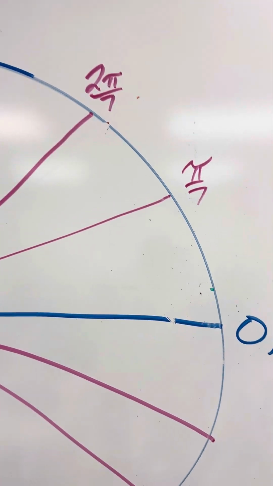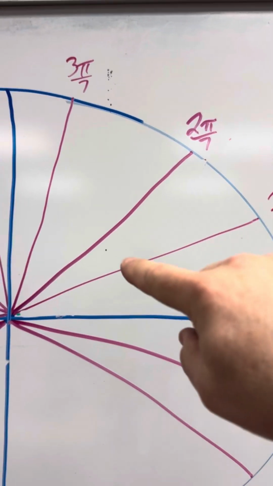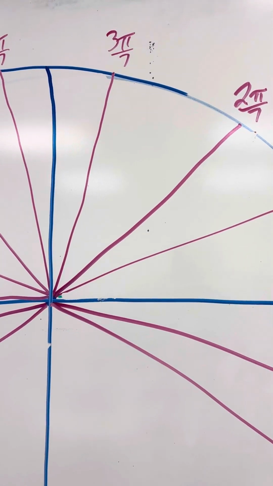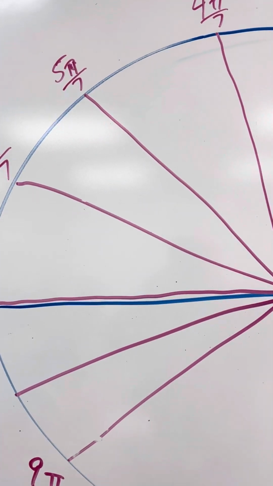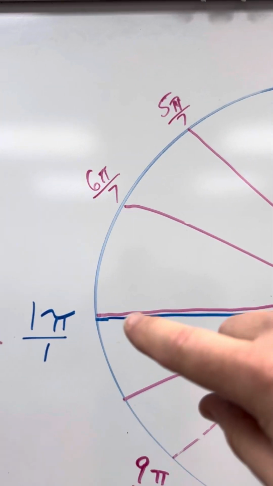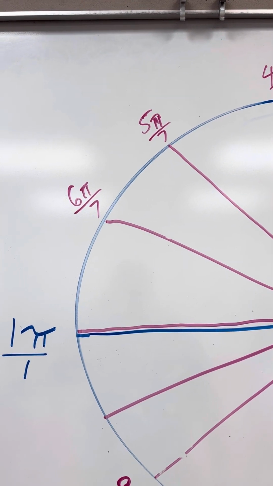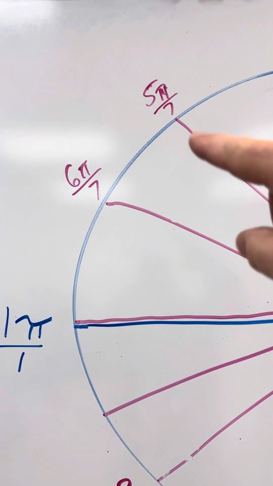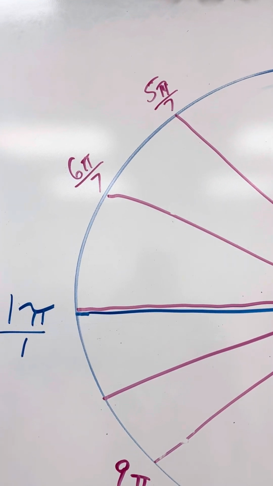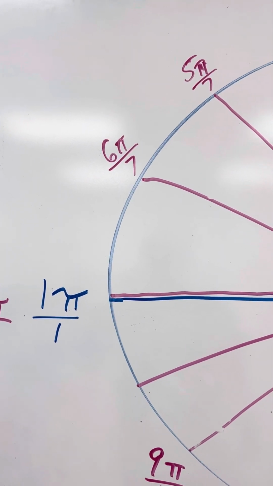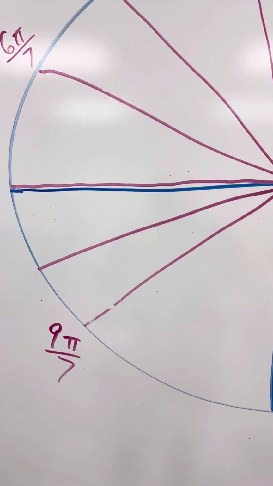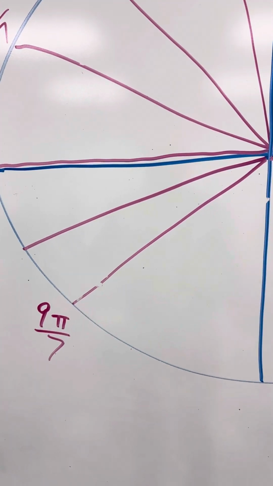So 2 pi over 7 in quadrant 1 is 2 pi over 7. In quadrant 2, it will be 5 pi over 7, because it's 2 away from pi. In quadrant 3, it's going to be 9 pi over 7.